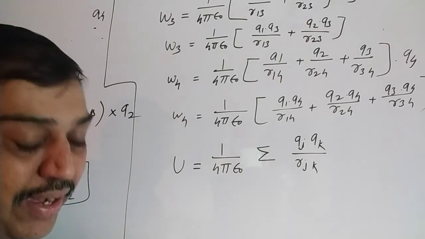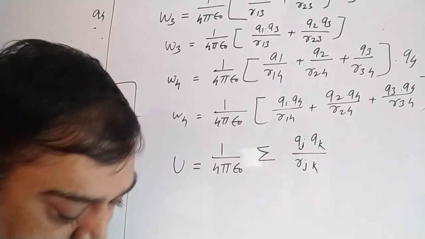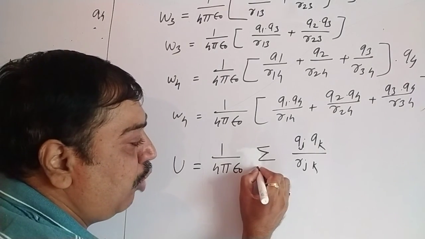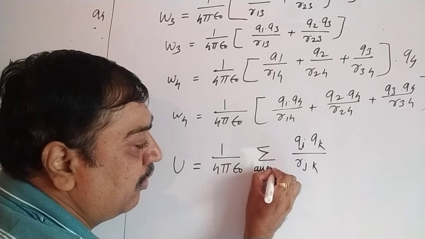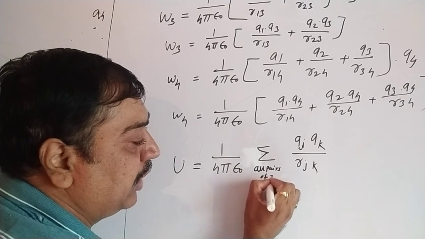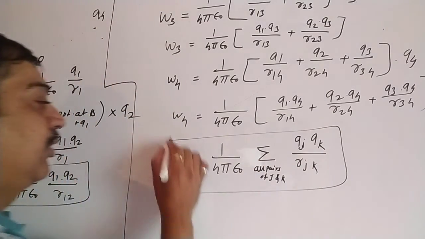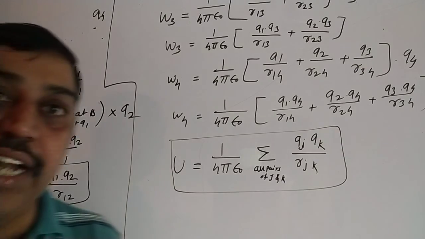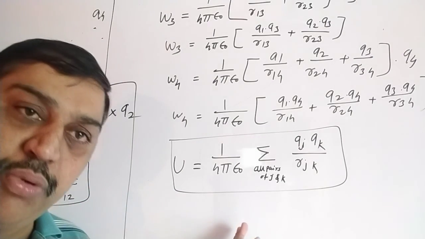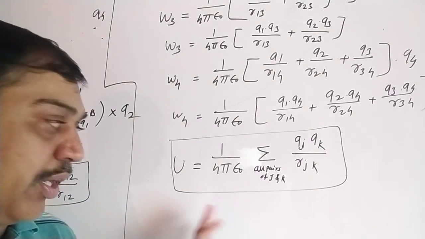In this fashion we can find the total potential energy. So here summation for what? All pairs of j and k, and this equation gives the total electrostatic potential energy to move the n charges from infinity to the given point.